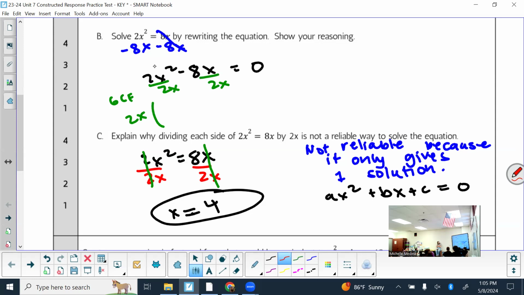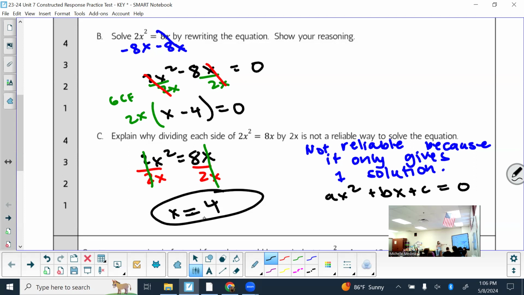So I have 2 over 2 that cancels, x over x that cancels over here, which we did over here, similar at least. But x squared divided by x is x. Negative 8 divided by 2 is negative 4. And it's set equal to 0.